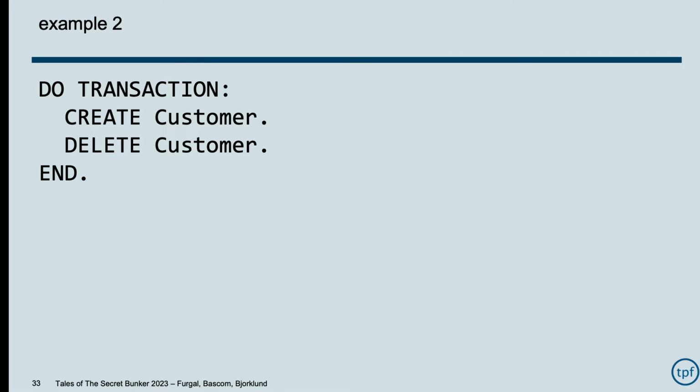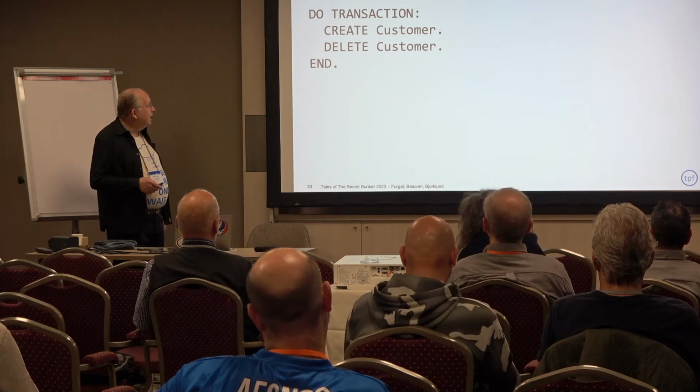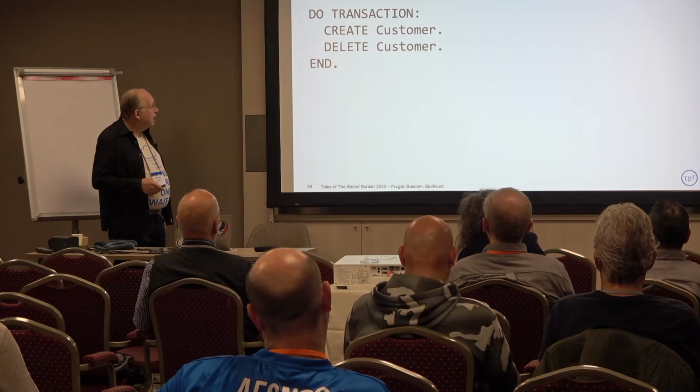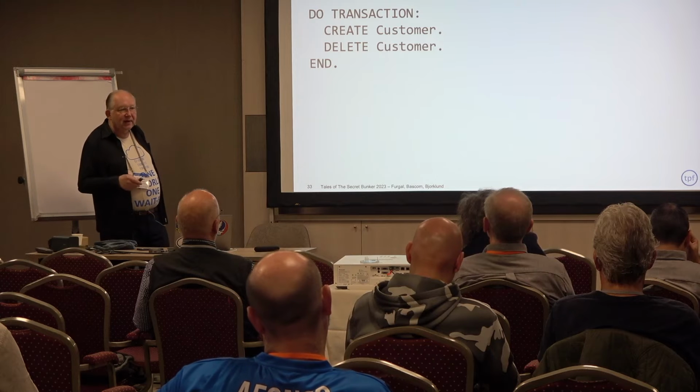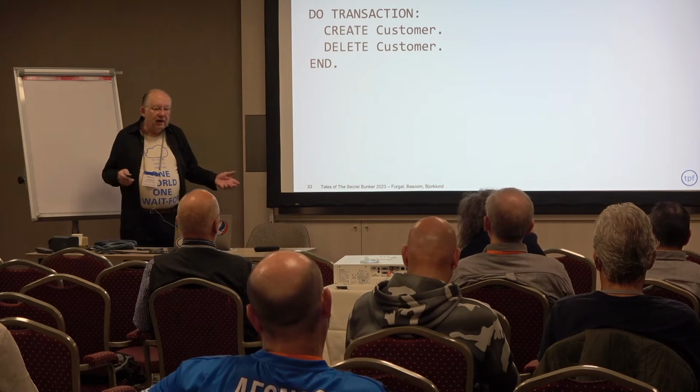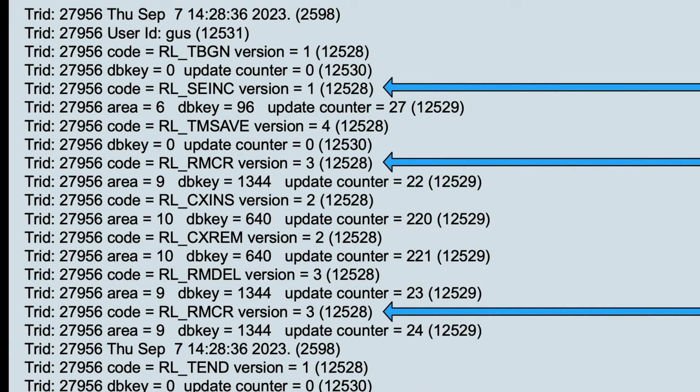Okay, here we go. Now we're going to change something. Only this time, what we're doing here doesn't actually produce any useful result in the database since we're creating a record and then deleting it right away. So here's what you get.